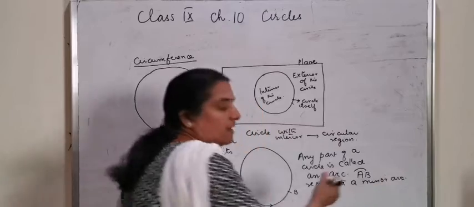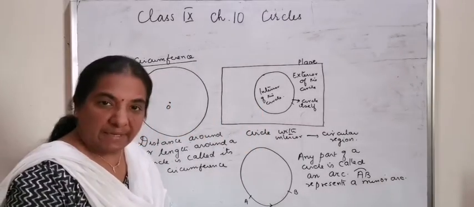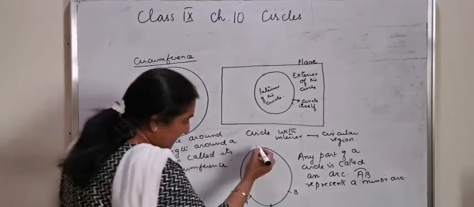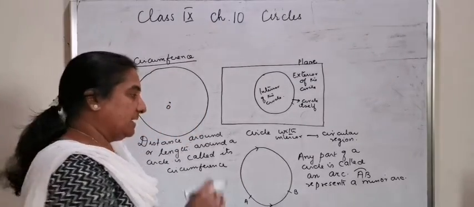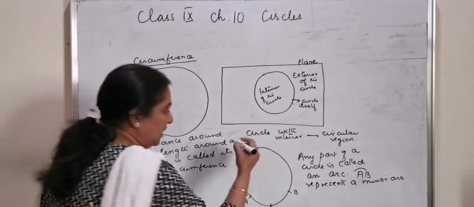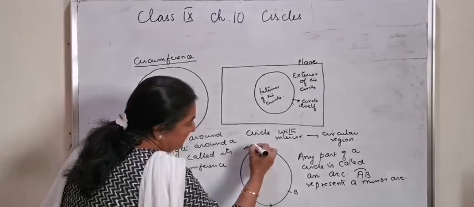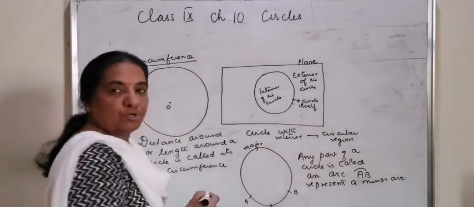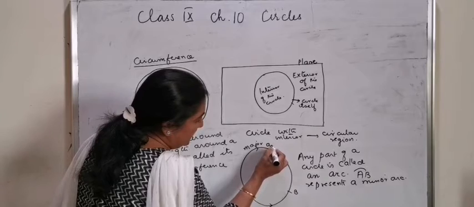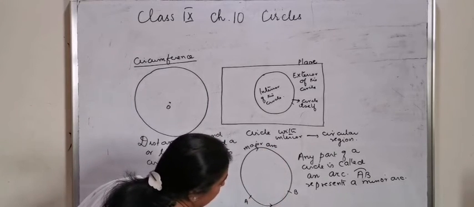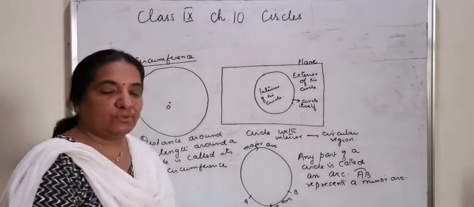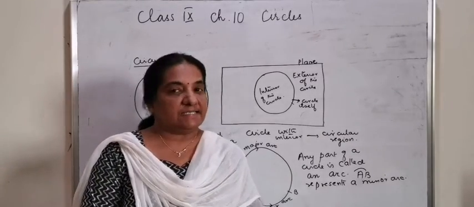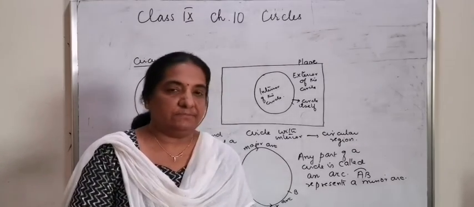If the length of the arc is small, it is a minor arc, and in this direction, if you consider this arc, it is a major arc. So, if the length of the arc is more, it is a major arc. Any part of a circle is considered an arc.